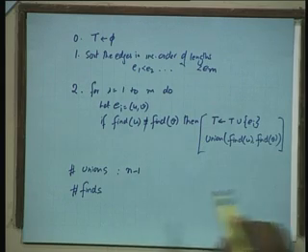How many finds will I have? For every edge I consider, I have to do 2 finds. In the worst case, how many edges will I consider? All the m edges, no more.